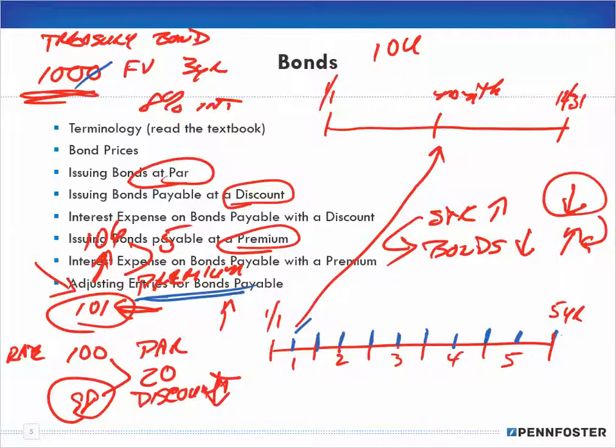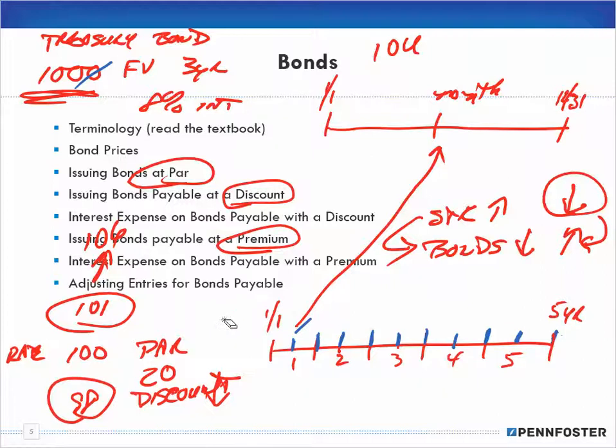And it's really that simple. If you understand the price moving up and down in the stock market, then you understand the price moving up and down in the bond market, with the exception that because it's not a publicly traded company, they set the value of the bond at par.